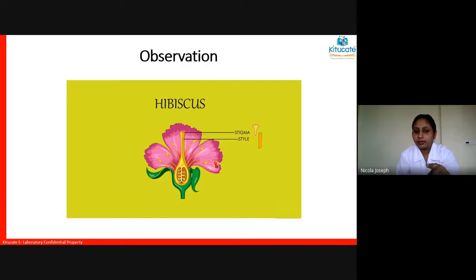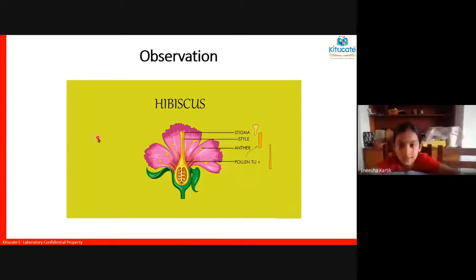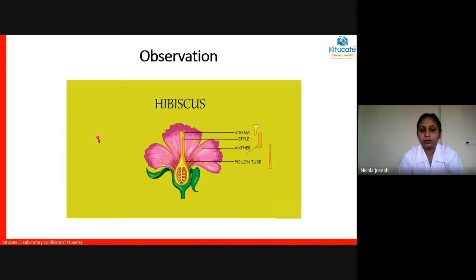You all can see where anther is written. Where the anther is, there is another thin structure which is called the filament. When I cut the flower, I'll show you all properly what is what.